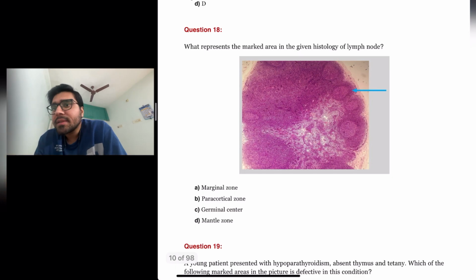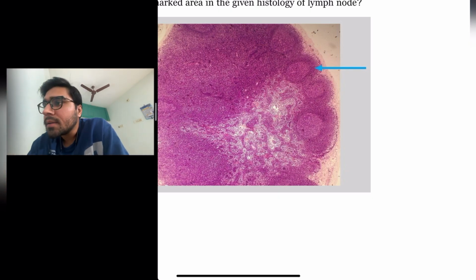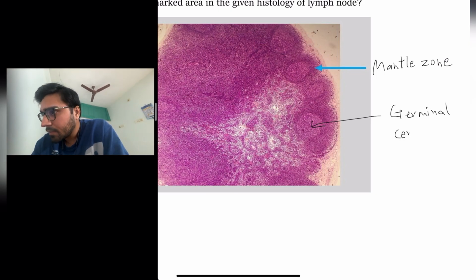What represents the marked area in the given histology of a lymph node? So let us discuss all the different structures present in this figure. This one is the mantle zone. This one is the germinal center.